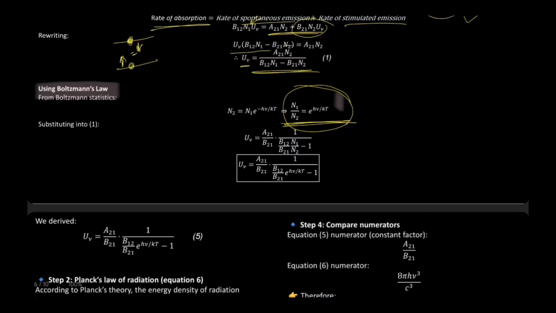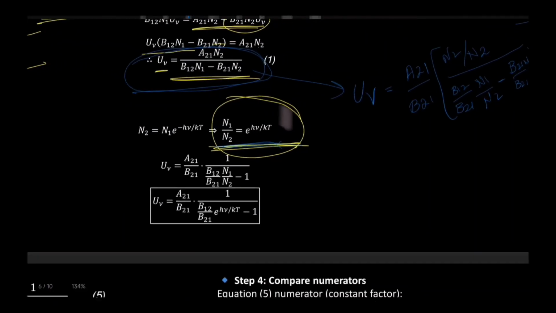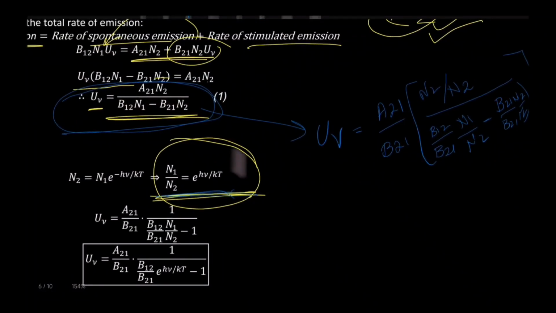Then we are substituting into equation 1. This was our equation 1. We are substituting using the Boltzmann law. So N1 divided by N2. To make them equal, we are dividing the numerator and denominator by N2.